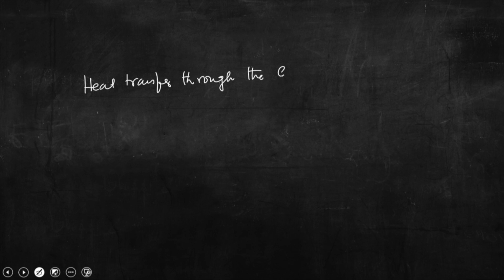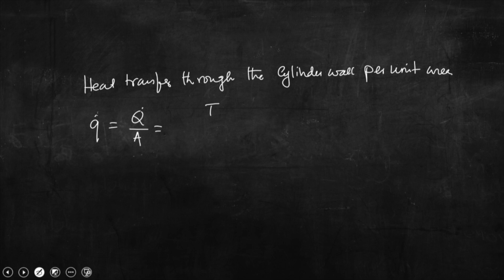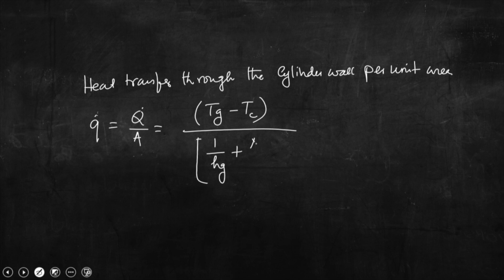So, Q dot equal to capital Q dot by A equal to T g minus T c divided by 1 upon H g plus delta x by k plus 1 upon H c.